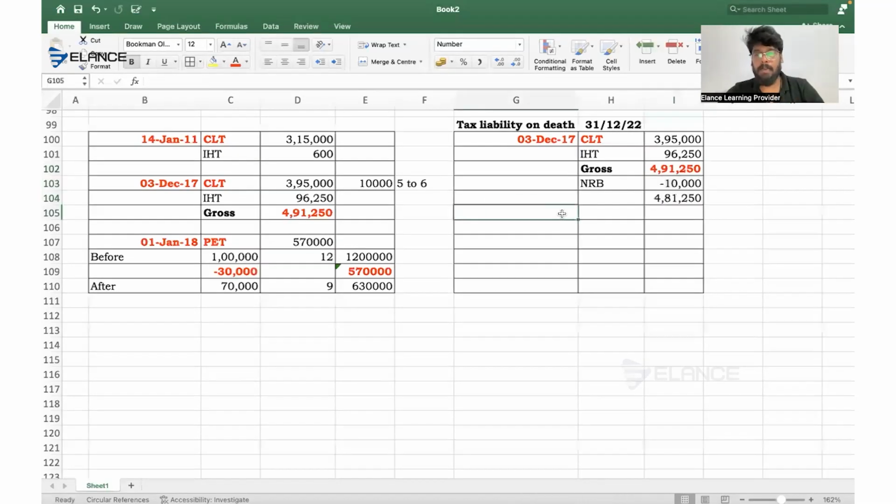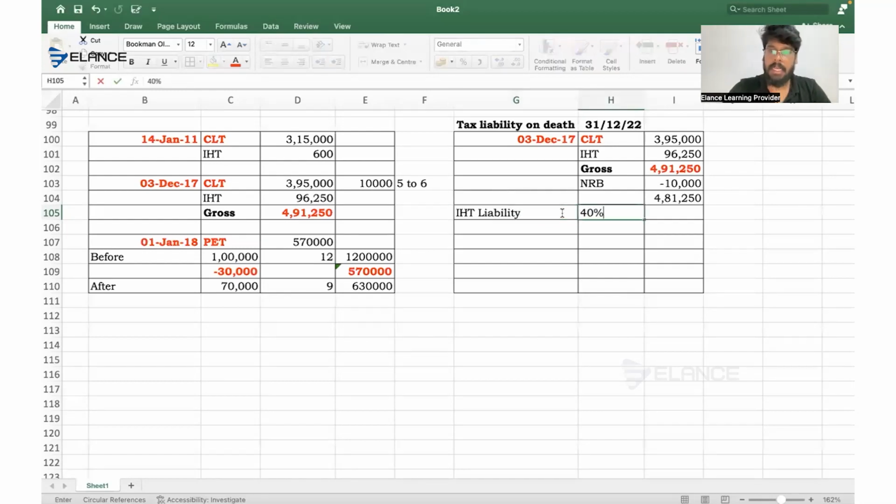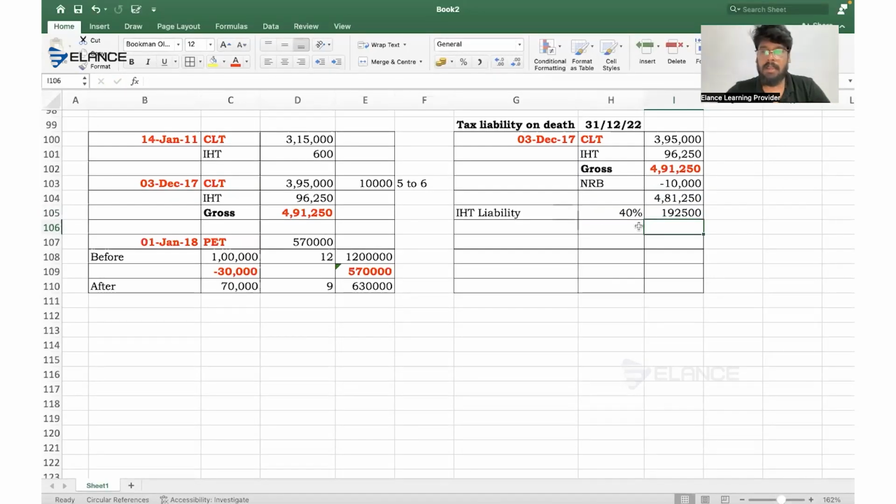We will compute the IHT liability on this at the death rate of 40%. The IHT liability arising on death is 192,500. And from this amount, we can deduct two things.